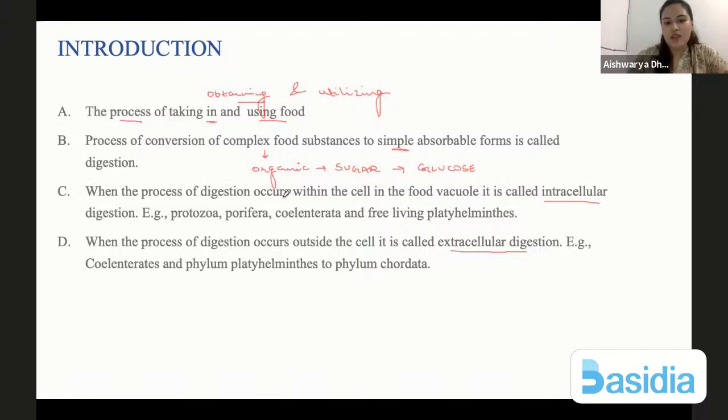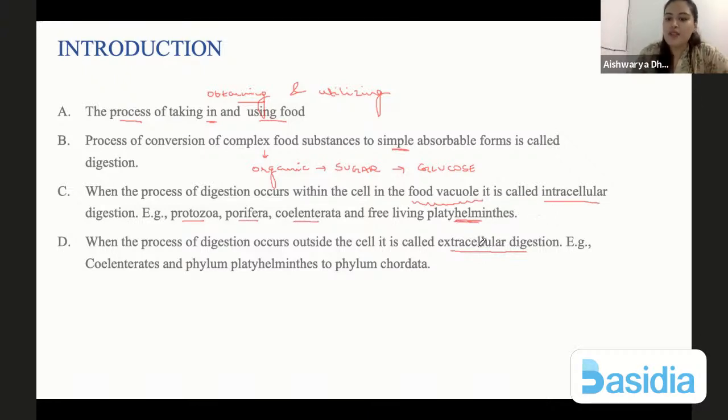So, when we talk about digestion within a cell, especially in a food vacuole, then we call it intracellular digestion. An example of organisms that undergo intracellular digestion are protozoa, porifera, coelenterata, and even free-living platyhelminthes or your flatworms.